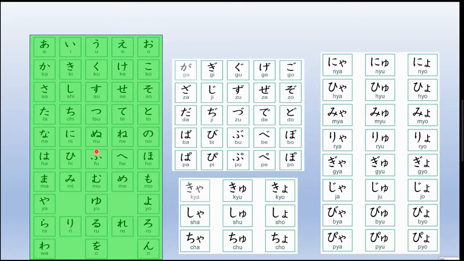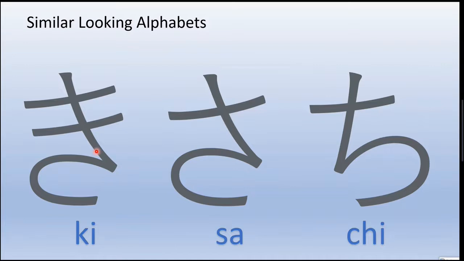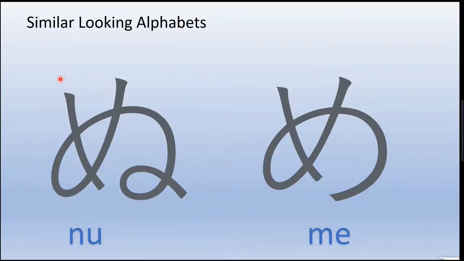Now let's have a look at some similar looking alphabets that may create some confusion if not carefully observed. So the first row in this series is ki, sa, and chi sounds. If you see, there is quite a similarity among these letters, ki, sa, and chi. Similarly, nu and me.